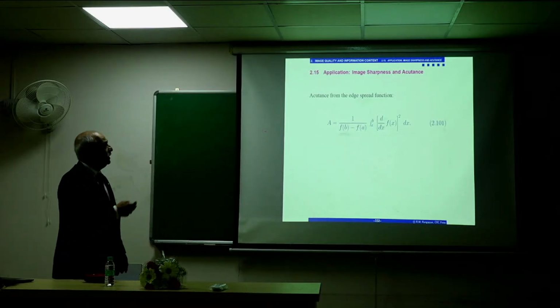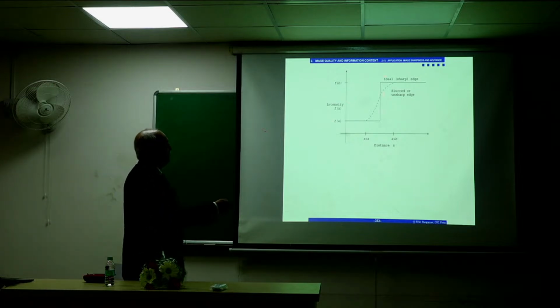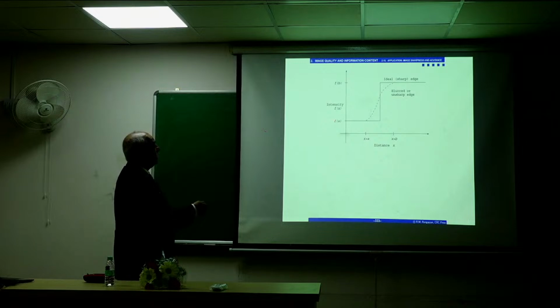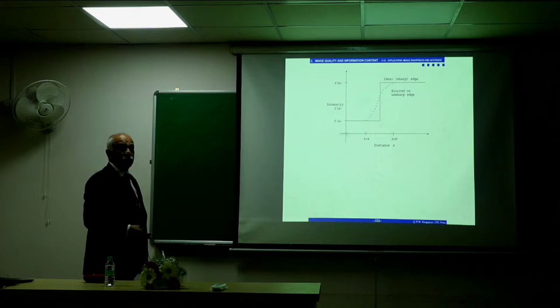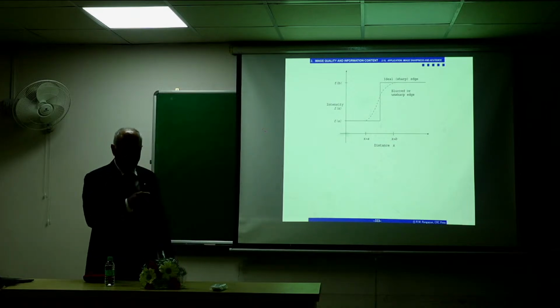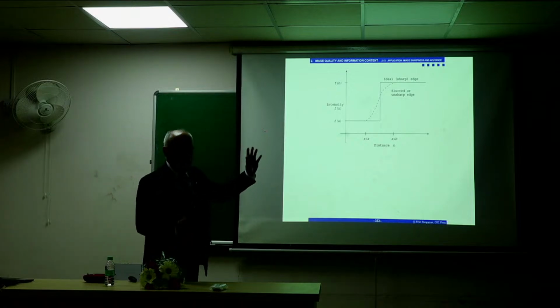So this is acutance. Ideal edge, the blurred edge, the more the blurring, the lower the derivative. And integrate between the limits of the blurred edge and normalize by these values, f(b) minus f(a). So that has been called acutance. It is based on the image domain using an edge function, edge image.